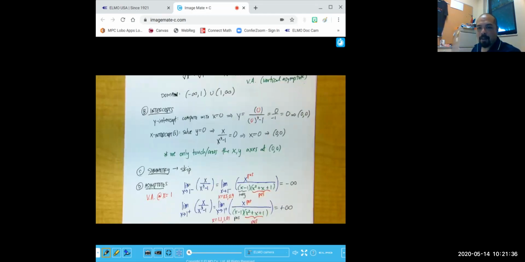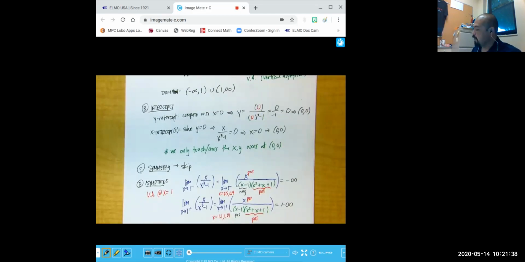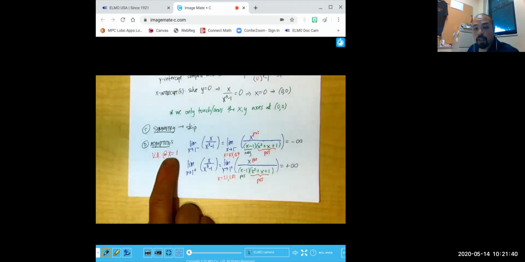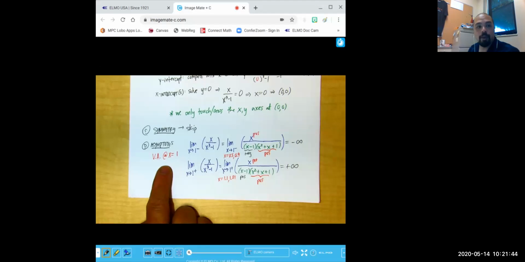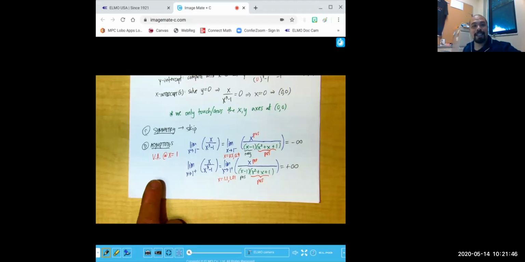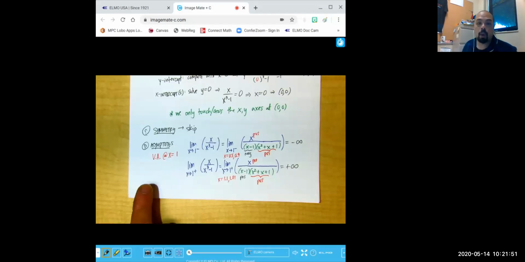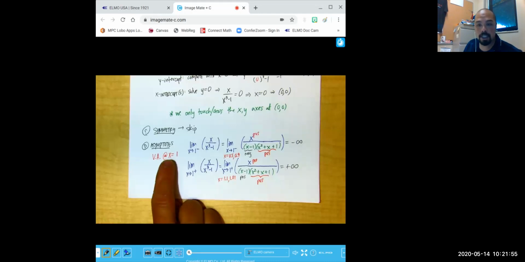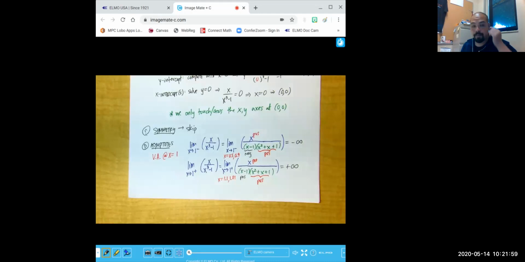Symmetry, I skip over that work. Okay. Asymptotes, so when we do have a vertical asymptote, a 0 in denominator, that doesn't cancel, right? Kind of going through our chapter 2 work, when we see 0 over 0, our function's undefined, but we might just have a hole in our graph, that removable discontinuity. But when it's a constant, a number over 0, like 1 over 0 in this case, we're going to get a vertical asymptote.